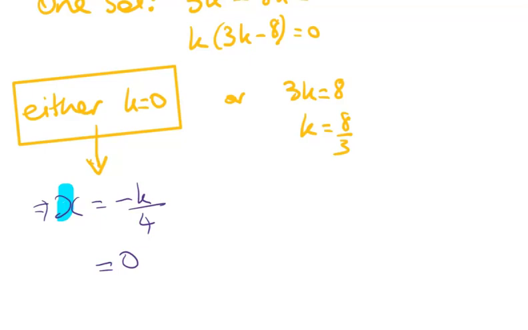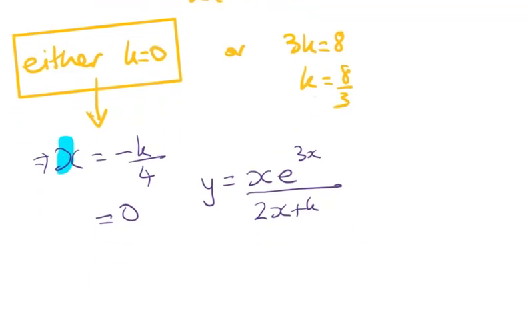Now we have a problem here because my function was this, going all the way back to the start. If we've got both k and x equaling 0, most importantly in the bottom we'd have 0 plus 0, so it's undefined.